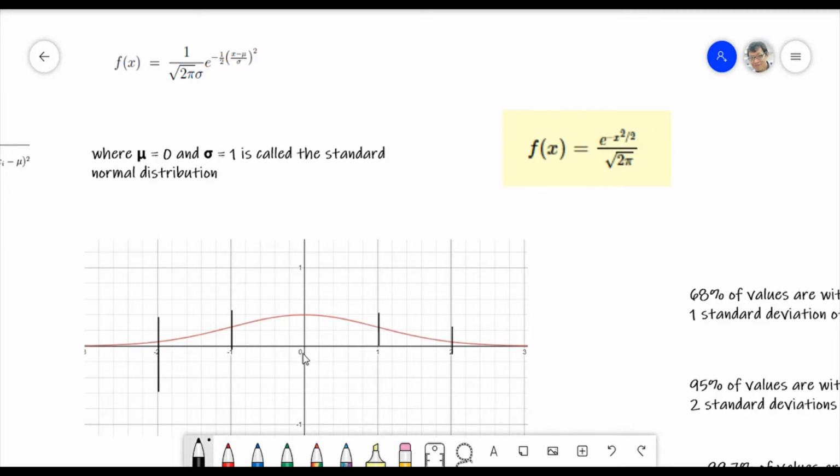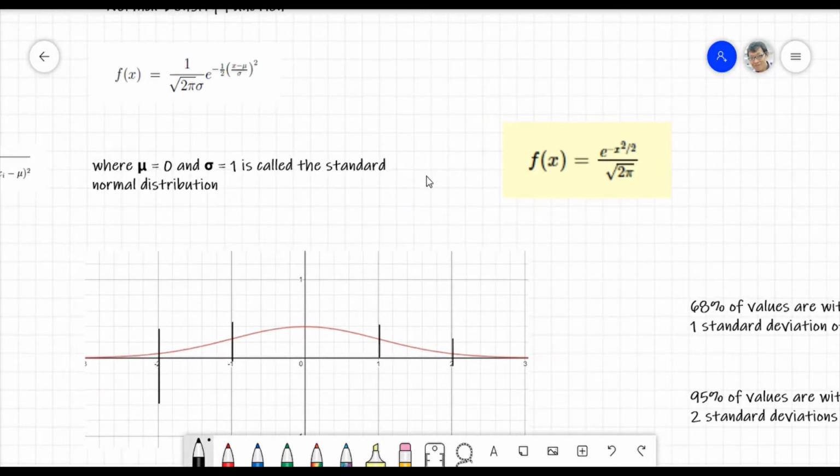Okay, so I'm drawing several horizontal, no, sorry, this is not horizontal, vertical lines. Okay, you can see this line. This line is the what? This line is the standard distribution, right?